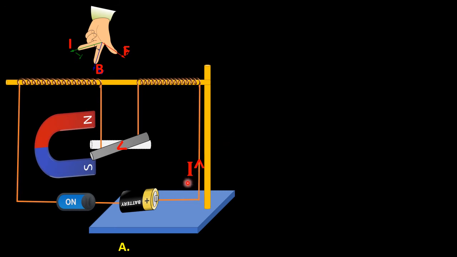Now let us see what happens when we reverse the direction of the current. Here the direction of the current is from right to left, but what happens if we change the direction of the current, so that the current flows from left to right?